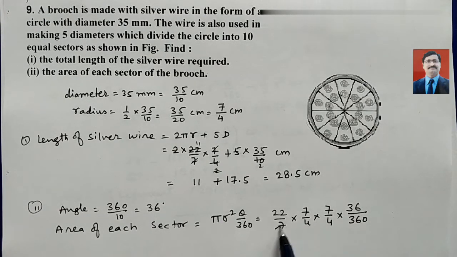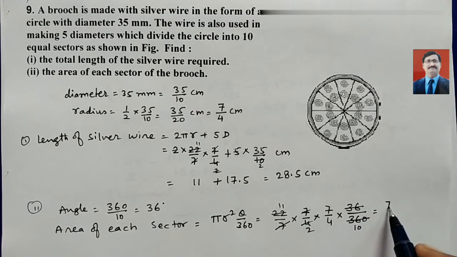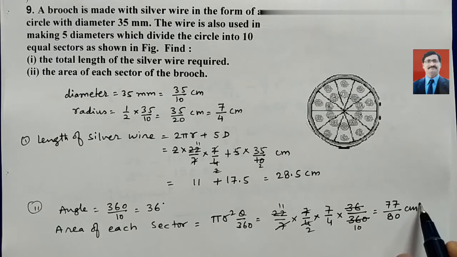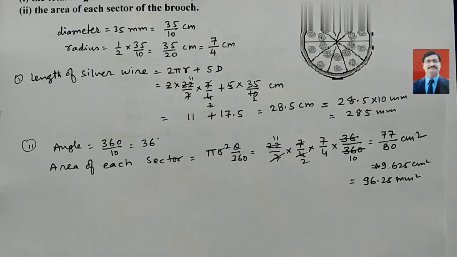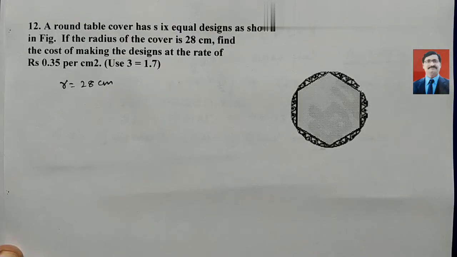Look here, this 7 and 7 we can cancel, 2 2s are 4 and 2 11s, this we can cancel by 10, so total we get here 77 upon 80 centimeter square. This we can write as 0.9625.